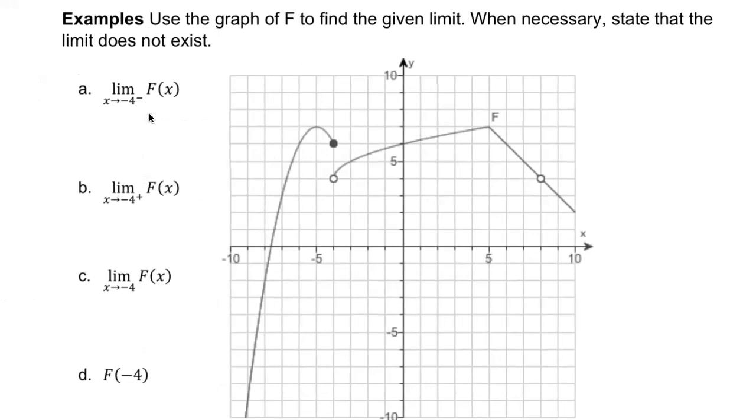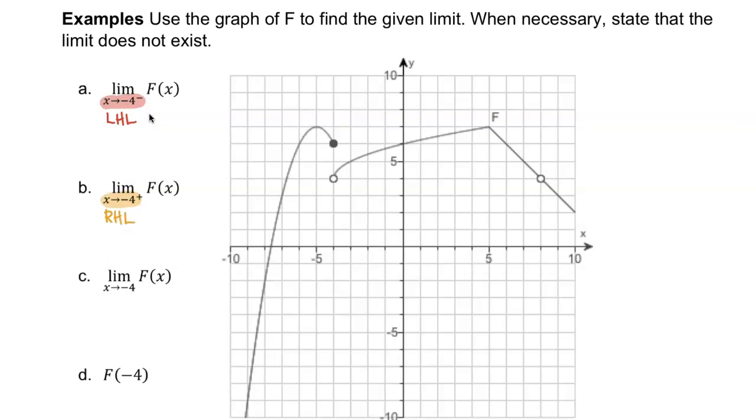So the first one is asking us what's happening as x is approaching -4 from the left. So we're looking for the left-hand limit. That little minus sign is telling us to approach from the left. This one, we're trying to approach -4 from the right, so this is going to be the right-hand limit.